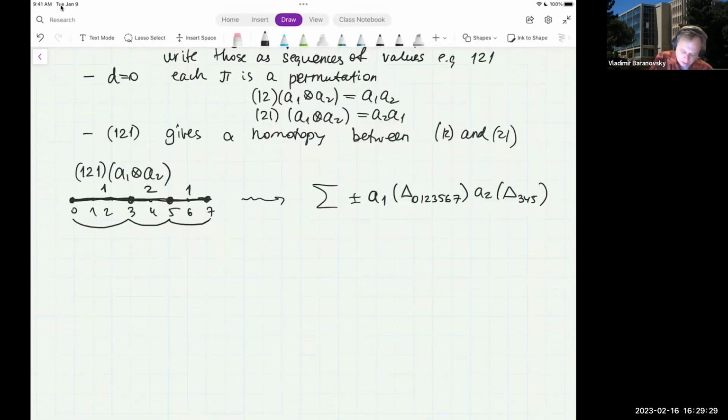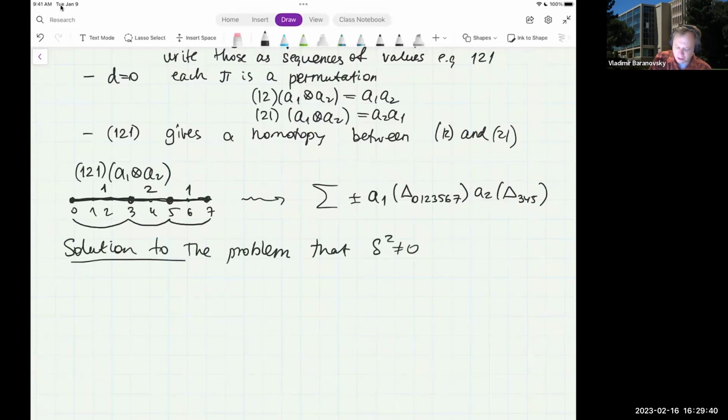All right. So now, the solution to the problem that delta squared is not equal to 0. If we were trying to build this complex again with subsets of edges, so we have cochains of M, then we would want to replace it by certain tensor powers depending on S. So the solution to this problem is this.